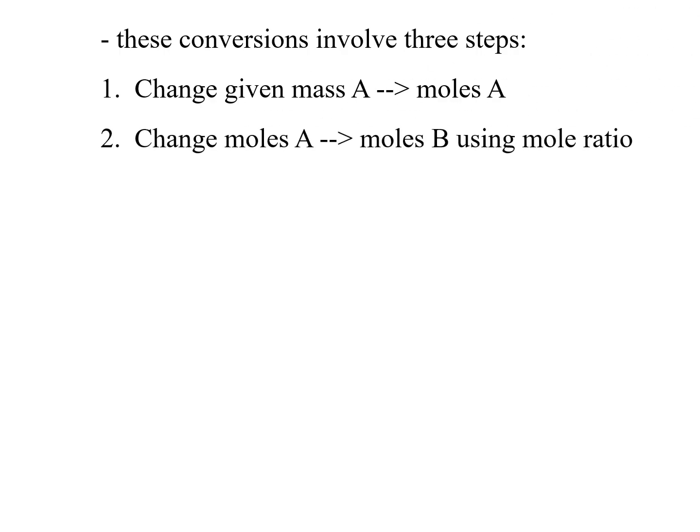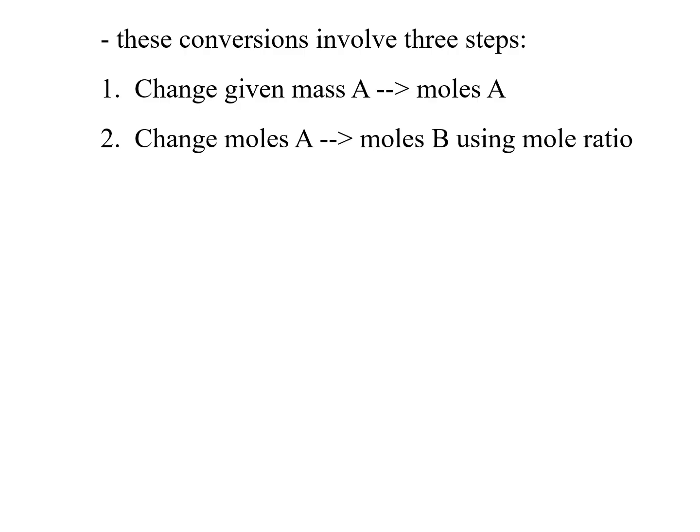That requires 3 steps. The first step, change the grams that you were given of the first substance into moles. So all right, we're going to convert grams into moles. We've learned how to do that before. I'll remind you here in just a minute when we do a sample problem. We're then going to take the moles of that first substance and convert it to moles of the second substance.